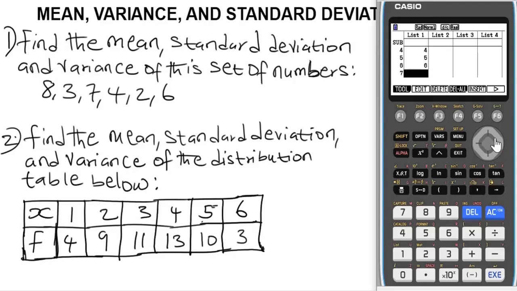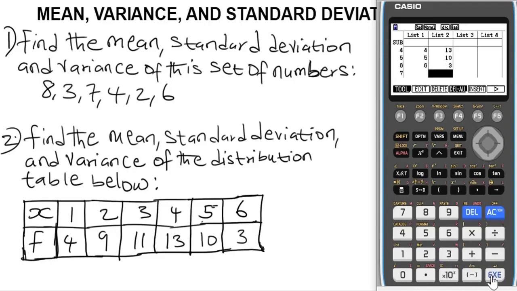Now let's go to List 2 and input the frequency data: 4, 9, 11, 13, 10, and 3.